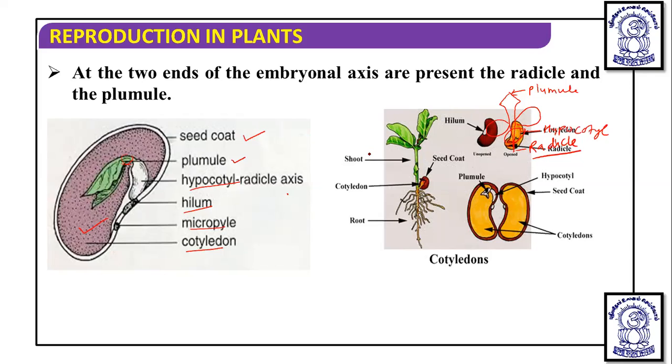These are the cotyledons. This root arises from the radicle, this shoot is derived from the plumule, and the whole plant has germinated from the seed. Now this detailed structure we have studied. We have also studied about the hilum, which is a scar.